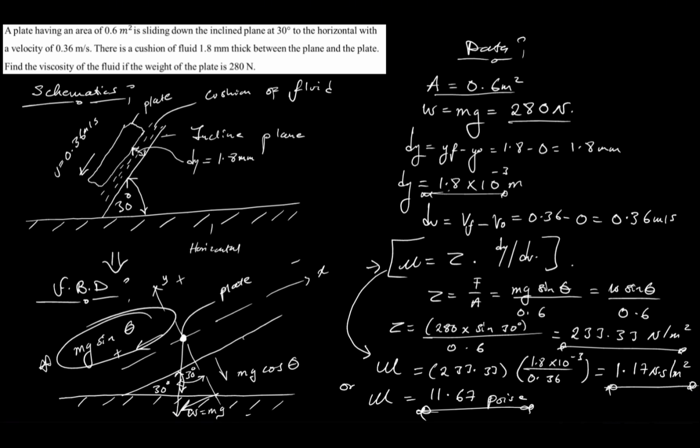Alright, thanks for watching. Remember, every time you have an incline and questions involving fluid viscosity, always resolve the weight into its components, or whatever forces you have into their components, in order to know the particular force acting in the line of motion.